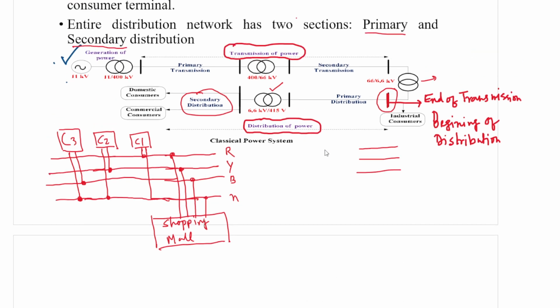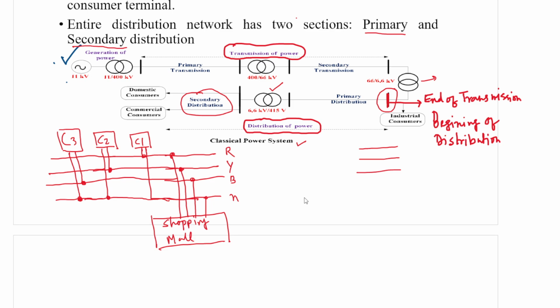Now this diagram I have already represented at the very beginning of this course, which is called the classical power system. It is the typical diagram where the different parts of the power system are shown, starting from generation, then transmission, and then distribution.